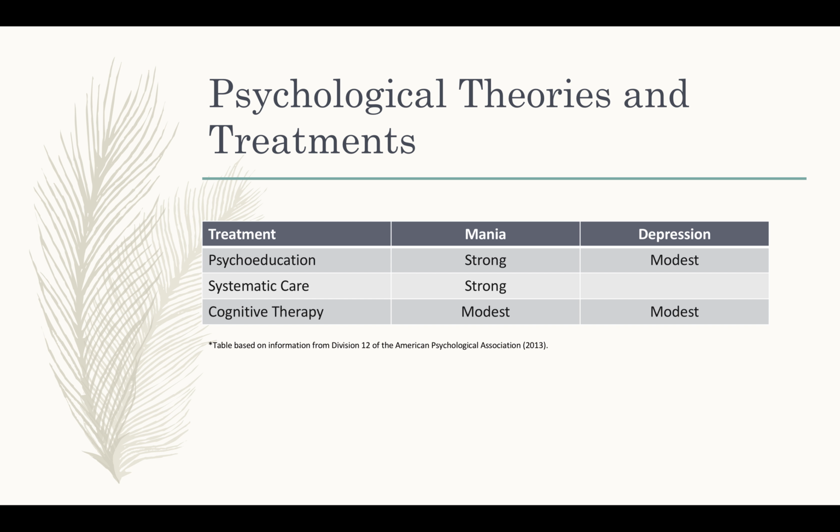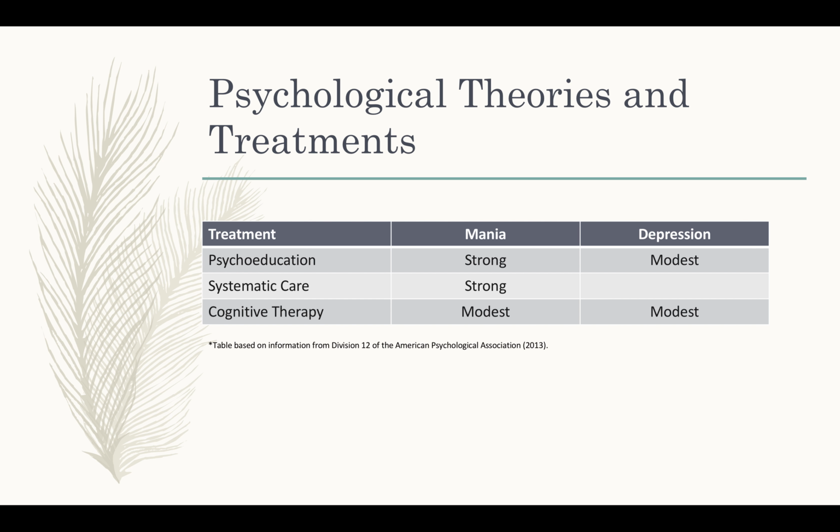With psychoeducation, individuals with bipolar work with a psychologist to understand themselves and the symptoms they are experiencing, in order to better understand those periods of manic episodes and to alleviate doubt about their ability to control or manage those particular symptoms or episodes.